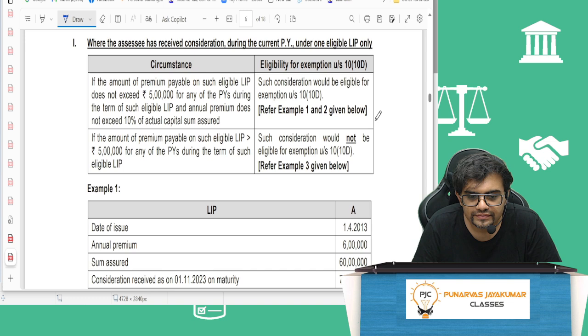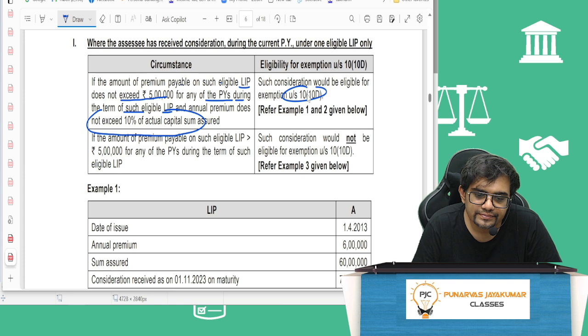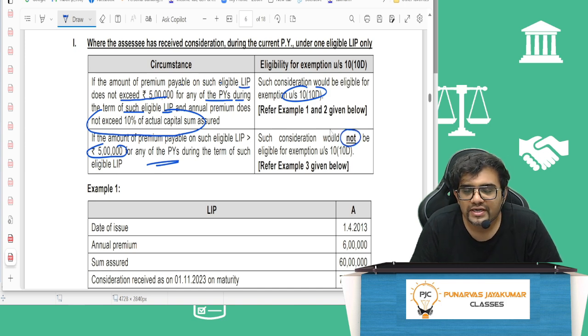Very, very simple. If the amount of premium payable on such eligible life insurance policy does not exceed 5 lakh rupees for any of the previous years during which the eligible LIP was held, and the annual premium does not exceed 10%, then full exemption you will get. But the moment your premium is more than 5 lakh rupees for any of the previous years, then that consideration would not be eligible for 10(10D).